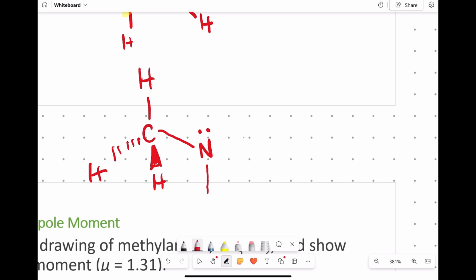So we can have one of the hydrogens being in and out, right? Front and back. And then we can have the lone pair as part of the plane.